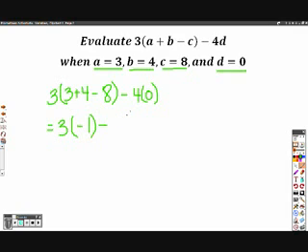Minus, we got a parentheses, 4 times 0 is 0. So now we can multiply 3 times -1, which is -3, minus 0. And what is -3 minus 0? -3.